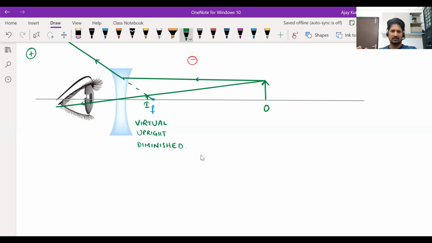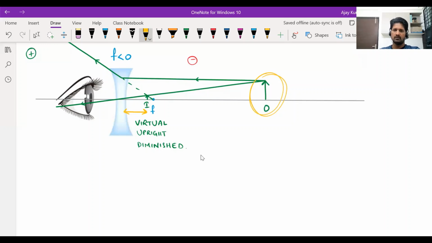how they actually are. Okay, and see, a concave lens, which is basically a diverging lens, always forms the image within the focal length. Fine. If the object is at infinity, the image will be at the focus. For any object at a finite distance like this, the image will be within the focal length.